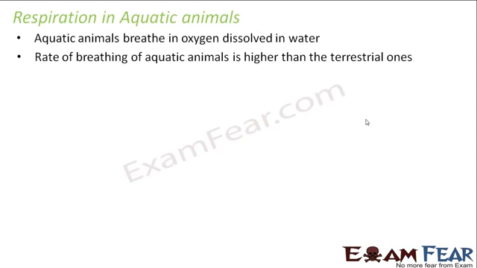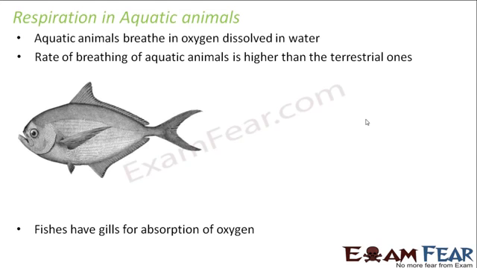And moreover, the amount of oxygen present in air is more, whereas the amount of oxygen present in water is comparatively lesser. If the amount of oxygen is lesser, we have to breathe very frequently to take in more and more oxygen, and that is why the rate of breathing of aquatic animals is higher than the terrestrial ones.